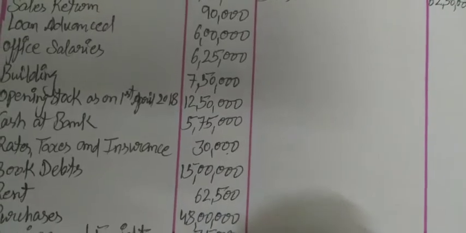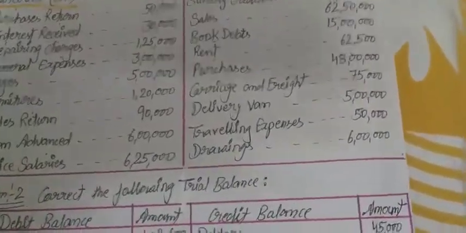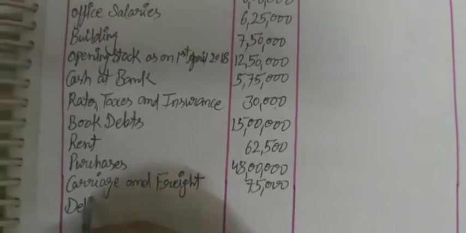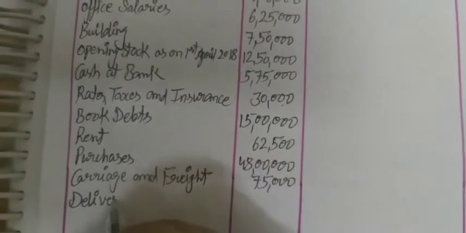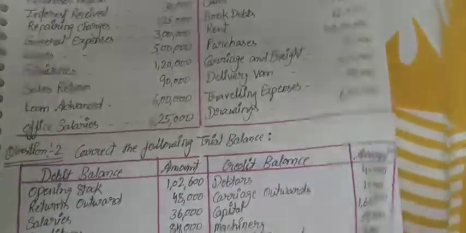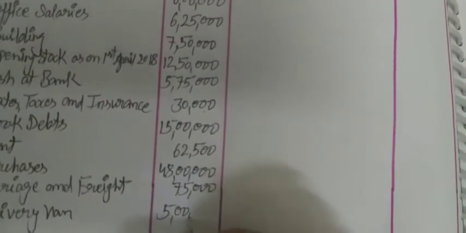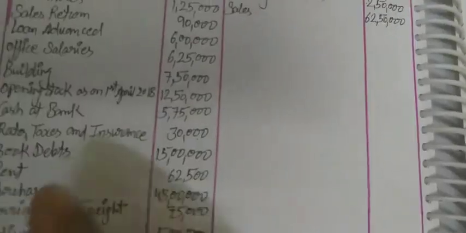After this, students, delivery van, that is of rupees 5 lakh. So it will show in debit side because it is assets. And next one is traveling expenses.